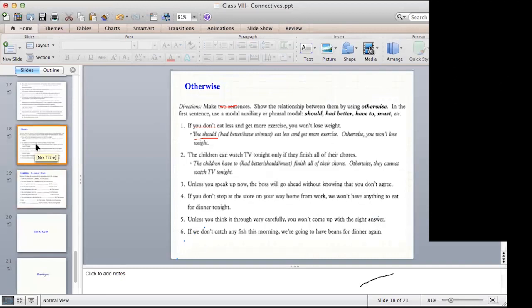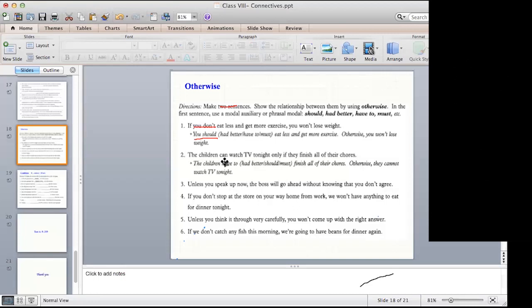What is the point? The point is that we must use a modal verb, okay? But you pay attention to the degree of the meaning. If it's a must or something obligatory, then we use obligation. If it is just like an advice, otherwise you won't get what you want, for example, you just use should or had better, right? But the point in grammar is that to use otherwise, we need a modal verb.